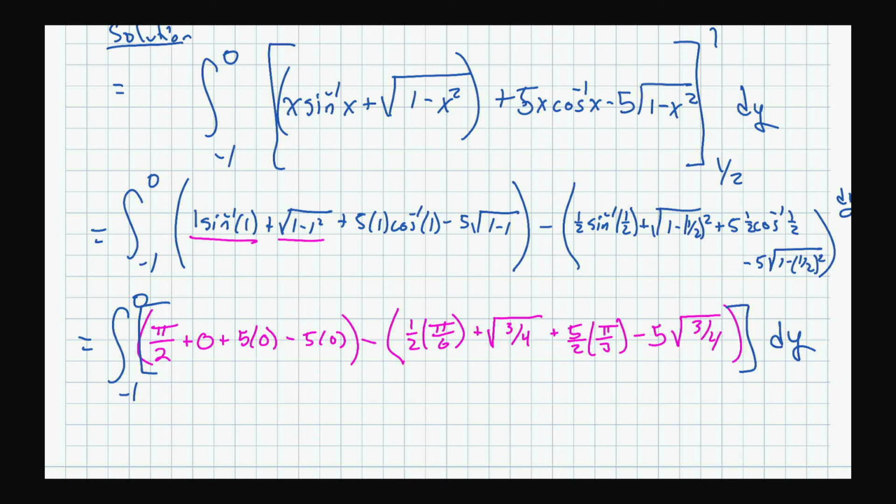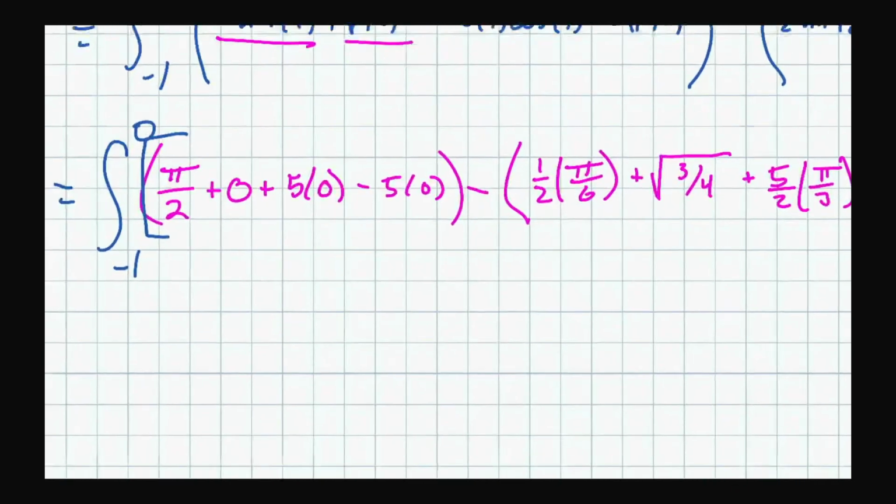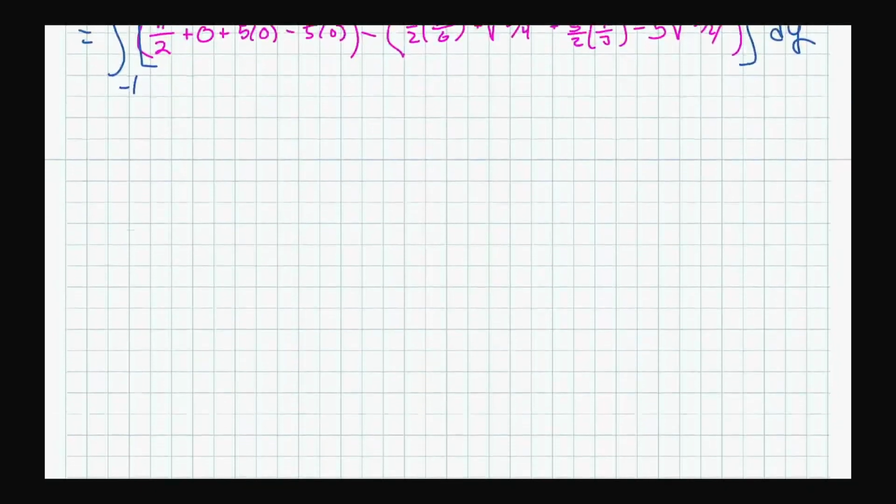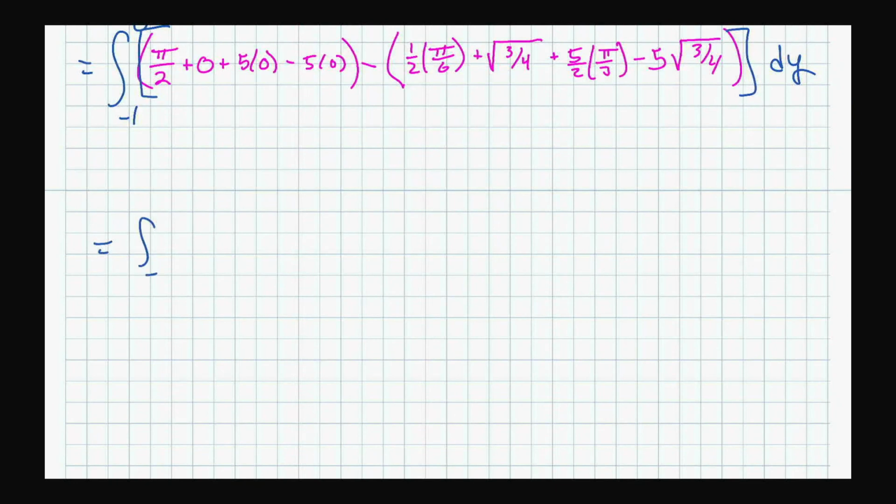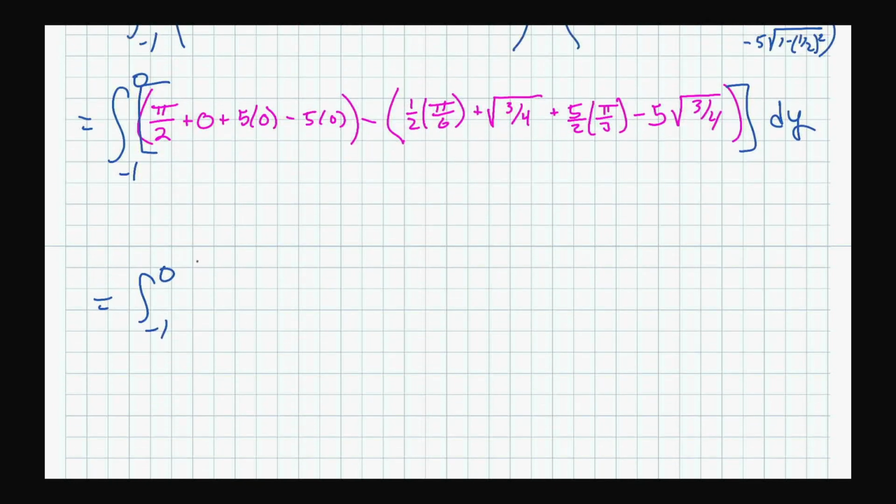Although I wonder if I did this in a bad way. Okay, let's simplify all this. So integral -1 to 0, and we're just going to add all this stuff up. So pi over 2 plus 0 plus 0 plus 0. Awesome. Pi over 2. Minus, and let's work out all this nonsense. We got a pi over 12, right? Pi over 12.